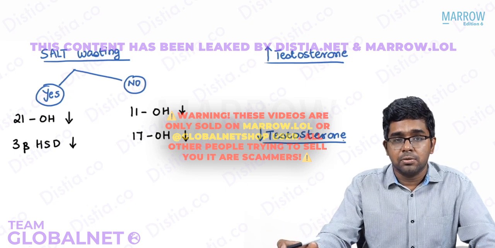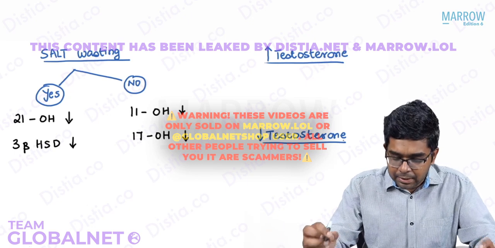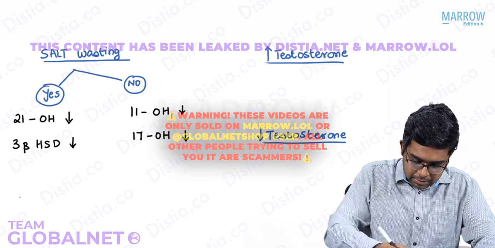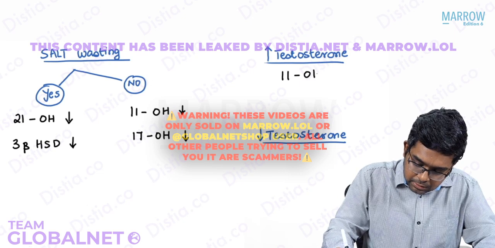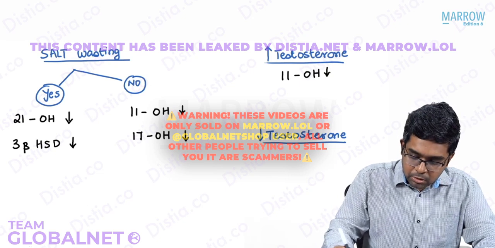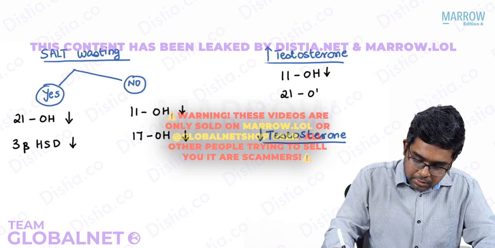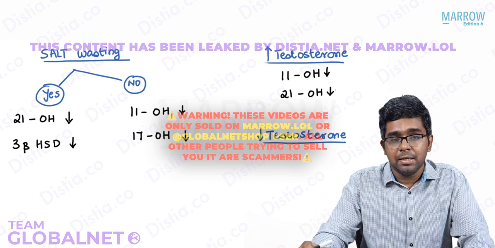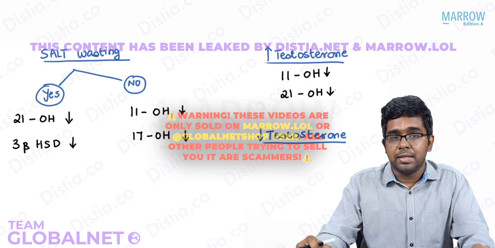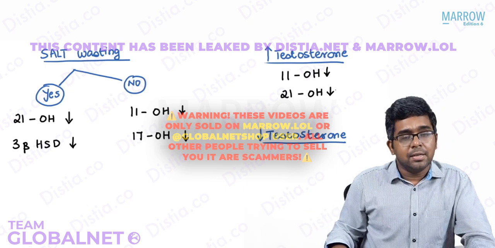So let us look at what are all the conditions. Increased testosterone is present in 11 hydroxylase deficiency and 21 hydroxylase deficiency. So both these conditions, you will have precocious puberty in male as well as ambiguous genitalia in females. Decreased testosterone.